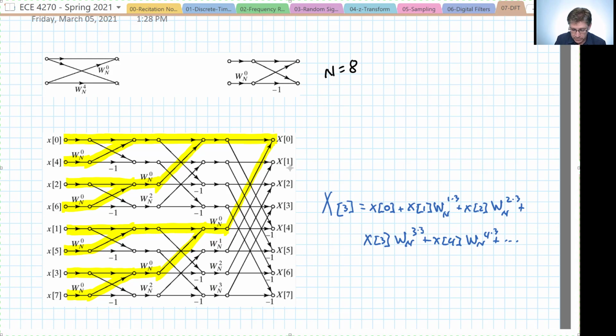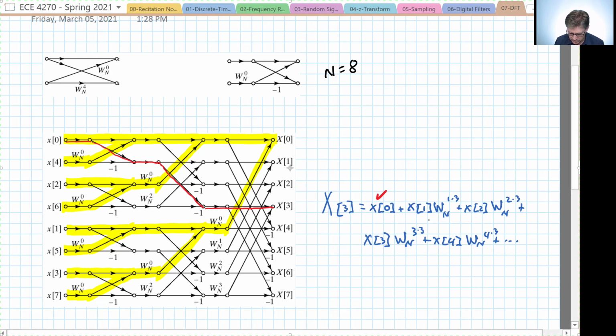Okay, so let's follow this through. This is going to be a little bit more complicated. So we're going to have to figure out how x of 0 contributes. X of 0 will follow this chain down, and it's not multiplied by anything. Good. Check.